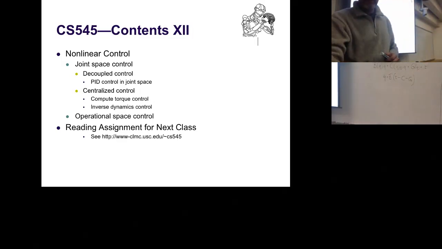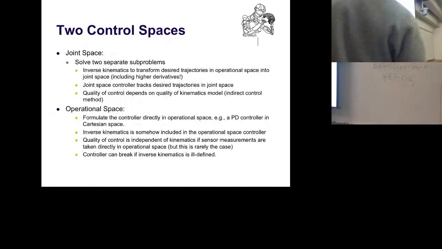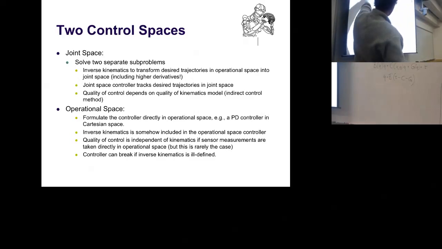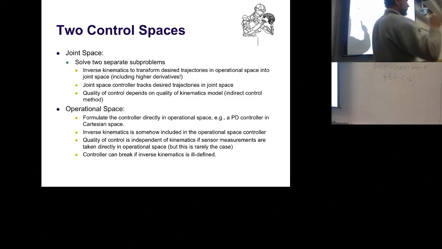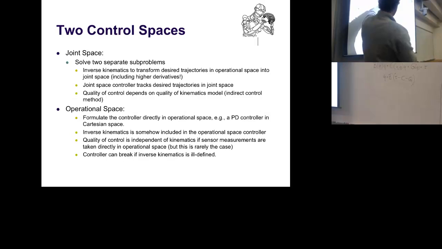You can think about joint space control as solving two separate problems. First you do a planning problem, usually in the external world. You do inverse kinematics to get your plan into the joint space world, and then you control things as if the plan had been generated in joint space.